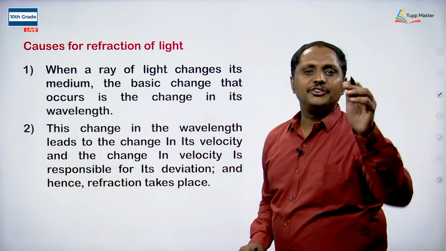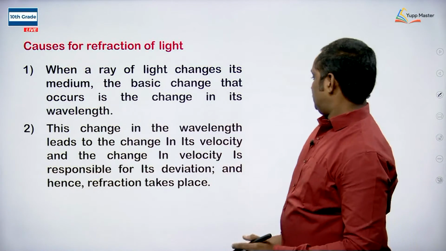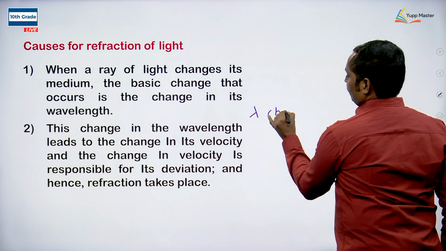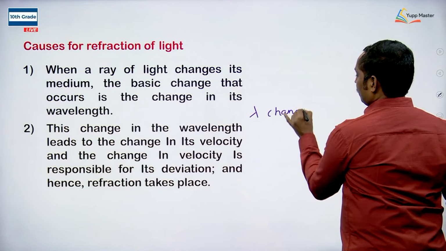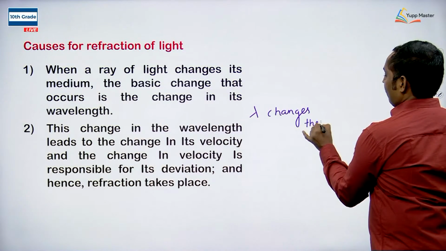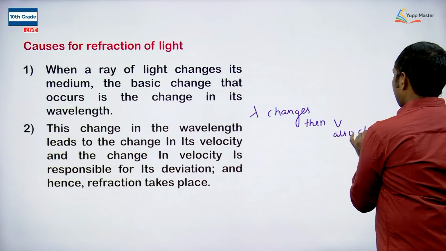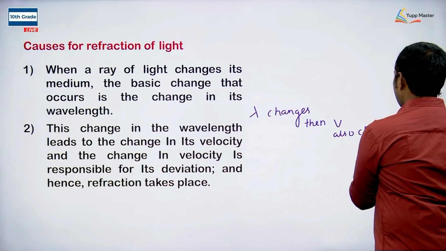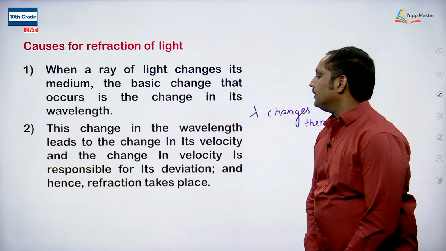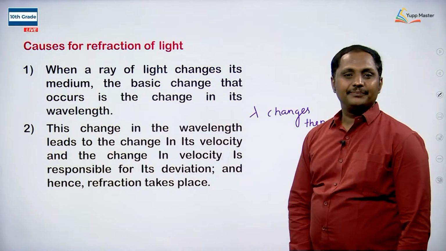Simply, when the velocity changes, the light is going to bend. So, if lambda changes, then V also changes. The change in the wavelength leads to change in velocity.